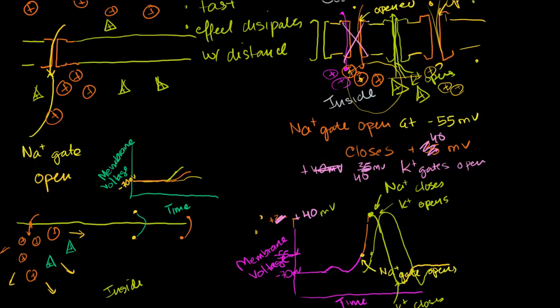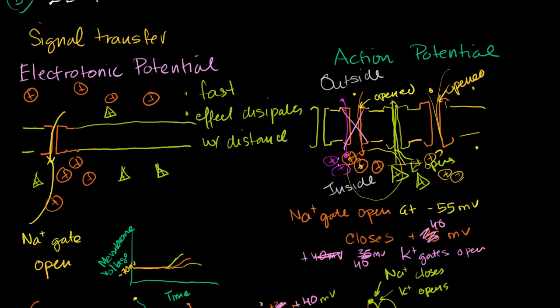When the sodium flows in here, it becomes really positive around here, that makes the voltage around here a little bit more positive, which triggers this next sodium gate to open. And then the same cycle happens. Then the potassium gates open to make it negative again. But by the time that's happened, it's become positive over here to trigger another sodium gate. So one after another, you have these sodium gates opening and closing, and it's transmitting that potential change.